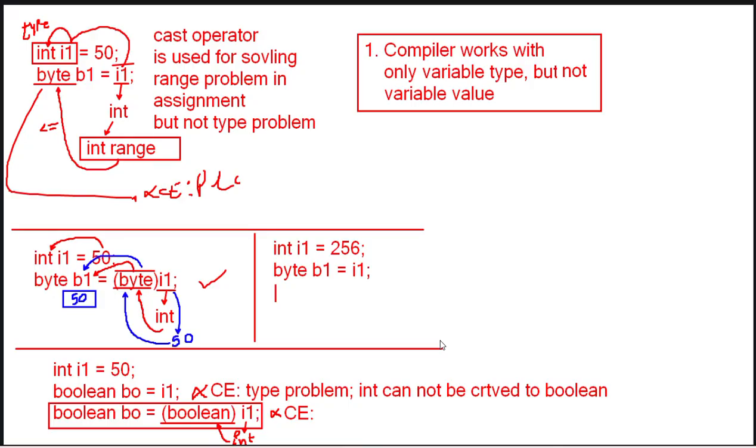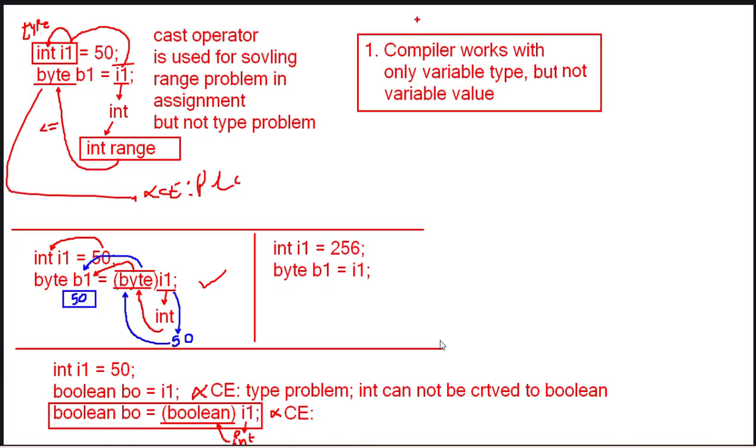Don't use your brain. The first point given, you have to carry in all points. Think like a compiler. Compiler follows a strict algorithm. What is the compiler algorithm in assignment operator? Check the type range of the variable on the right is lesser than the variable type. If yes, compile. If not, don't compile.